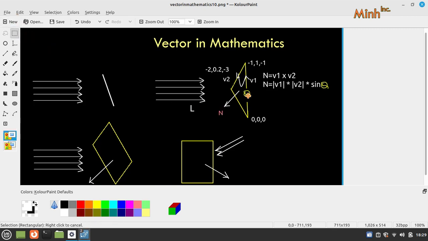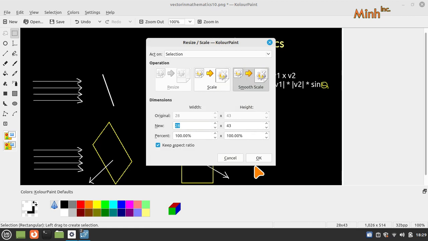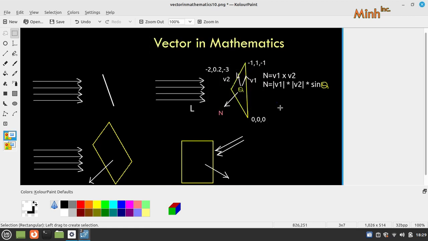Okay, so this angle is theta. So we got the n. So n is kind of proportional to the sine theta, the angle between them.